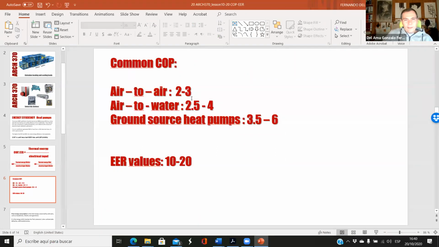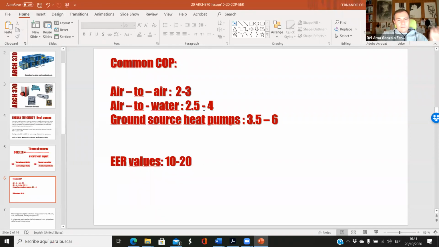So that's why becoming familiar with these numbers is a good thing, because then they are not deceiving you about the qualities of the air-to-air or air-to-water heat pumps. Probably when we're dealing with providers, of course, they are all claiming that their system is the best. And probably they are right. I don't mean that they are lying. They are right, but we have to ask under what conditions.